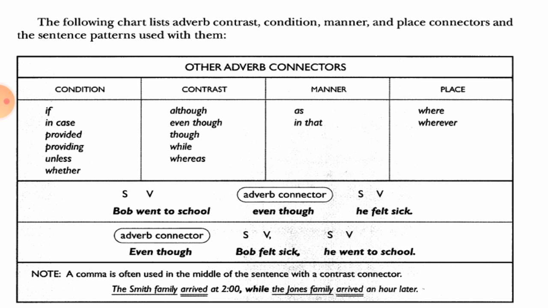In slide 3 here, we have a chart that includes other adverb connectors that express a number of ideas such as condition, contrast, manner, and place. And we have here also example sentences that you have to study.